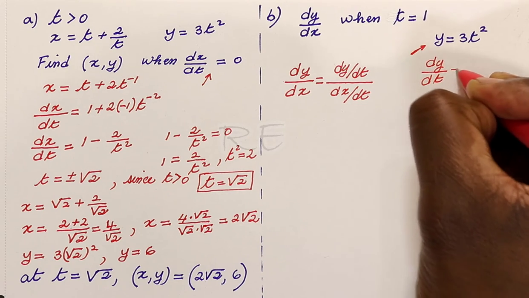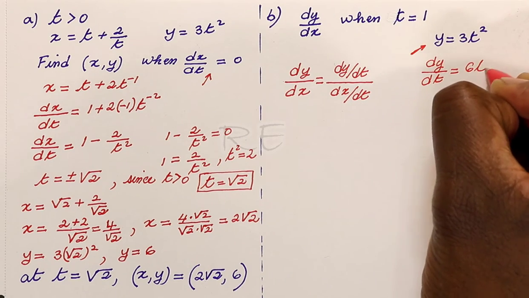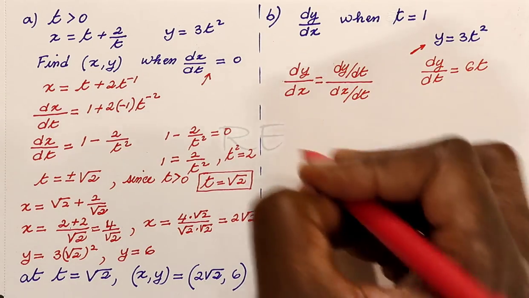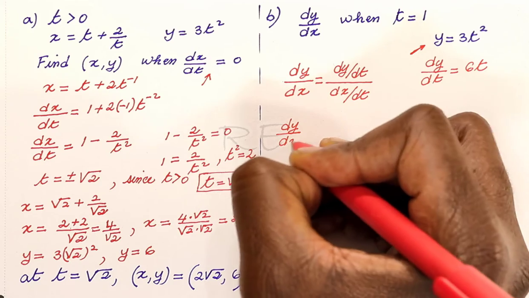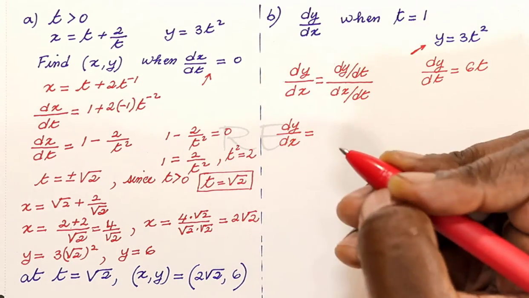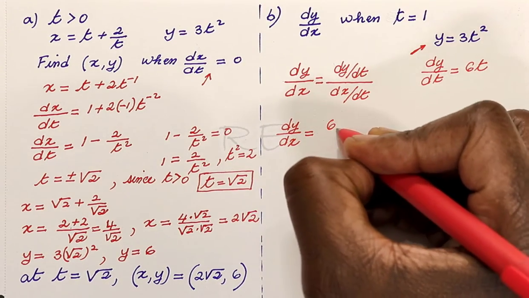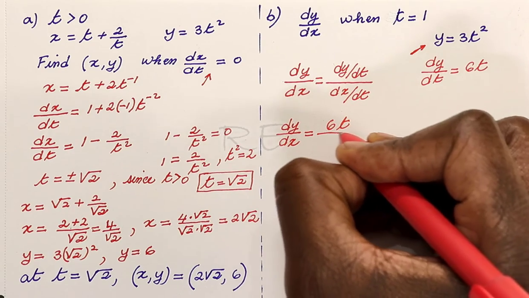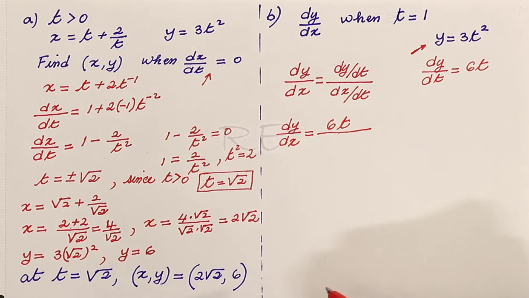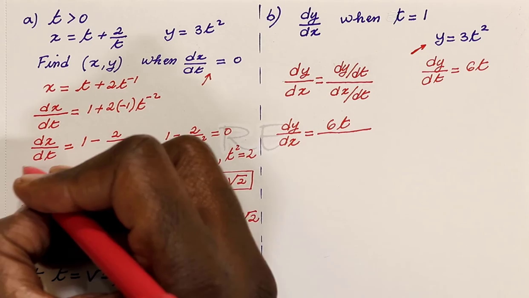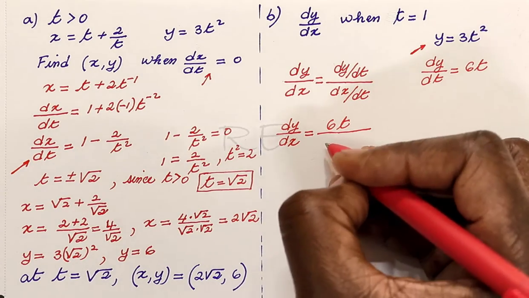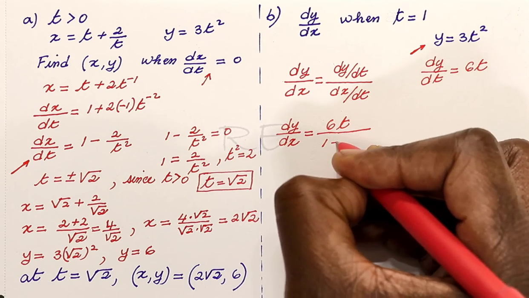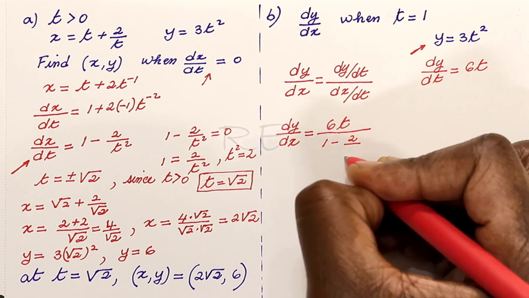So the derivative of y with respect to t will be 6 times t to the 2 minus 1, which is 6 times t. The derivative of y with respect to x will be 6t divided by the derivative of x with respect to t, which we found earlier, 1 minus 2 over t squared.